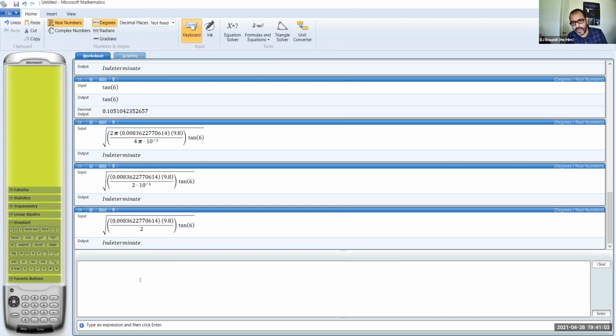Okay, let's see here what happened. Still indeterminate. Is it the numerator? Well, that's ridiculous. Let me try to do it by hand, okay? Because that's not good. Anybody had any problems with it too, other than Martin?